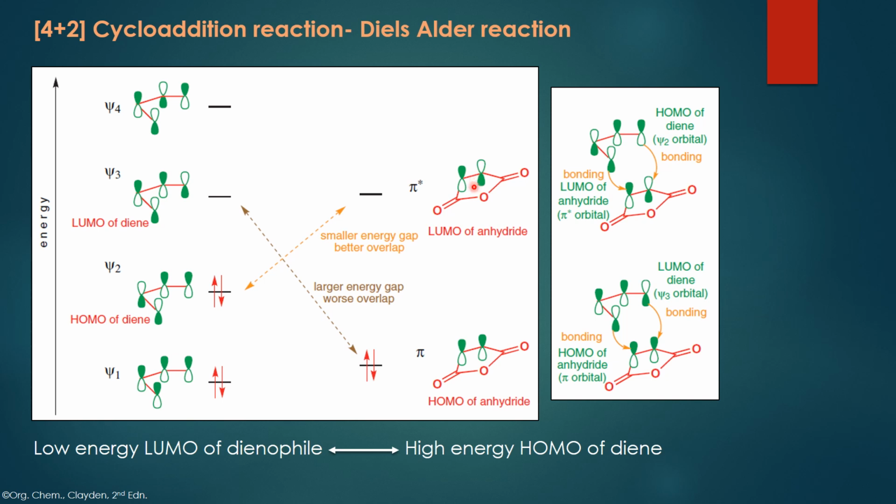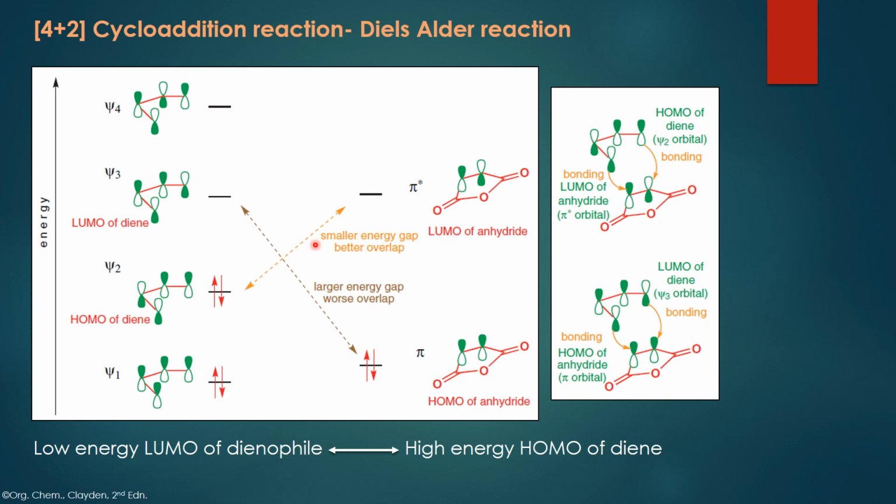So when the diene is substituted with an electron releasing group and the dienophile is substituted with an electron withdrawing group, the HOMO of the diene increases its energy whereas the LUMO of the dienophile decreases its energy. Hence the energy gap becomes further smaller and the Diels Alder reaction can proceed more easily.